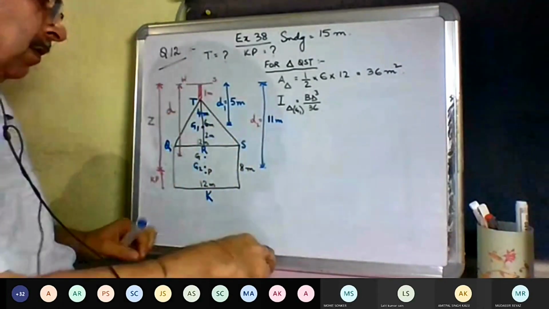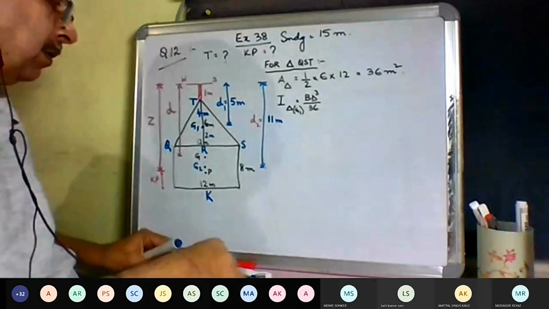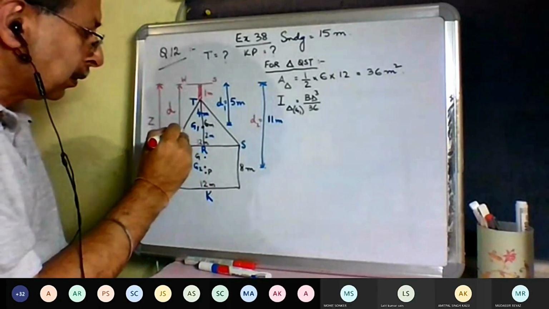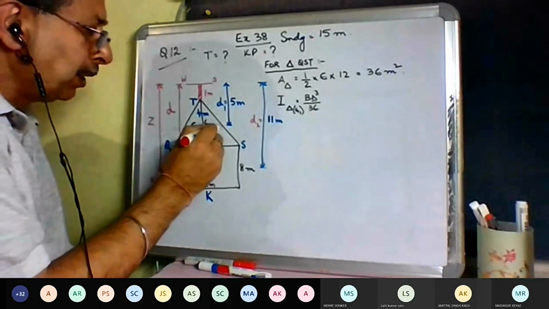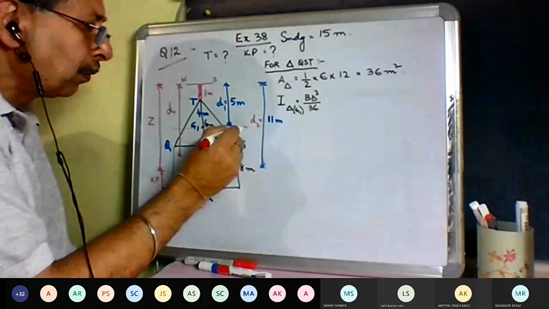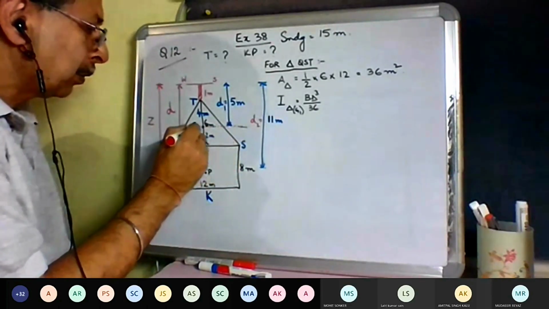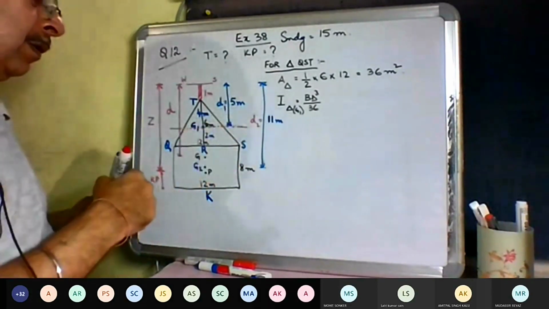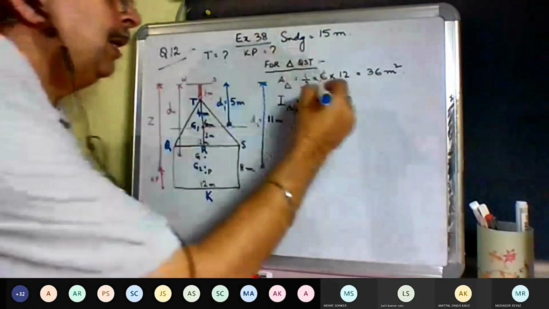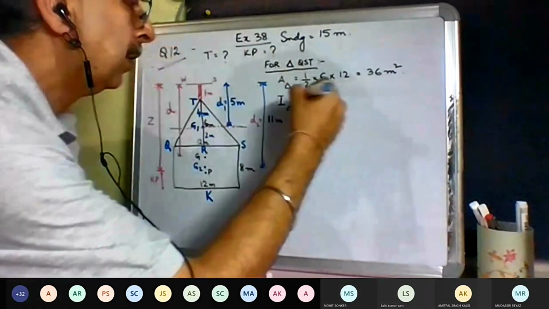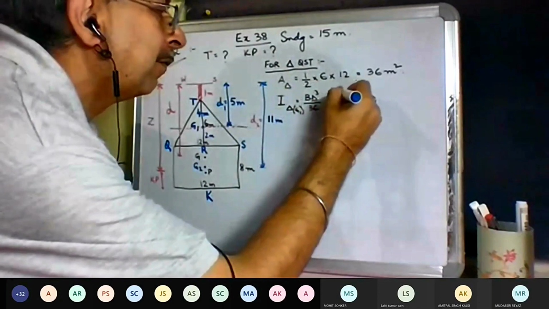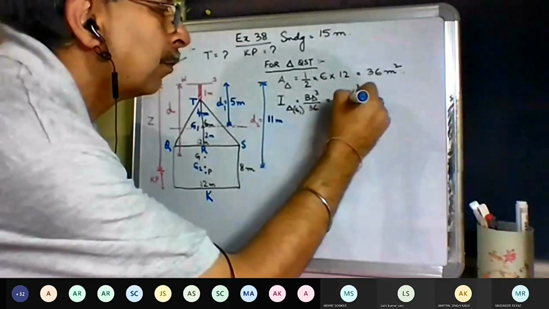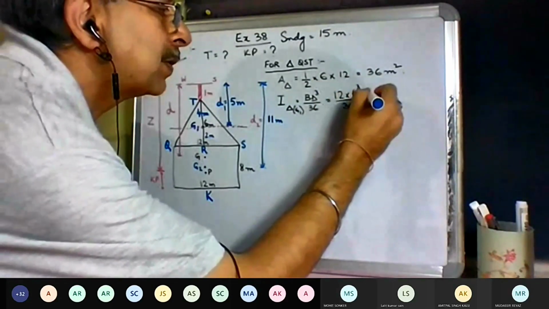That means we are talking about this axis. This is the axis, moment of inertia. So BD cube by 36. So B will be 12, D cube will be 6 cube divided by 36.